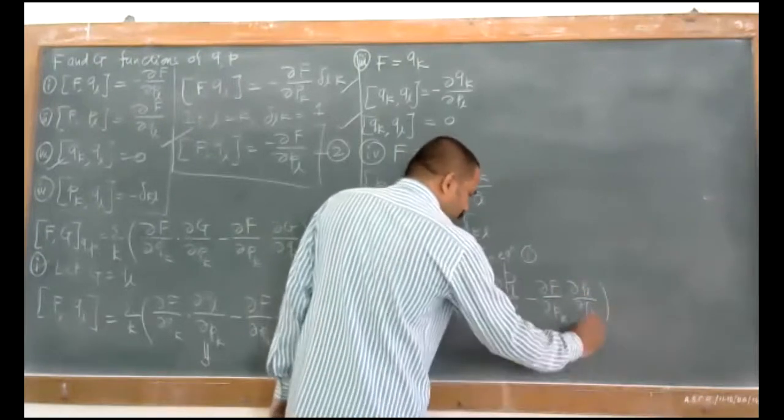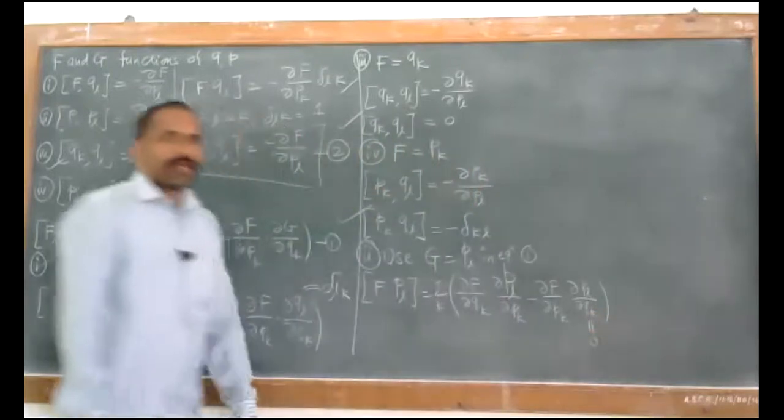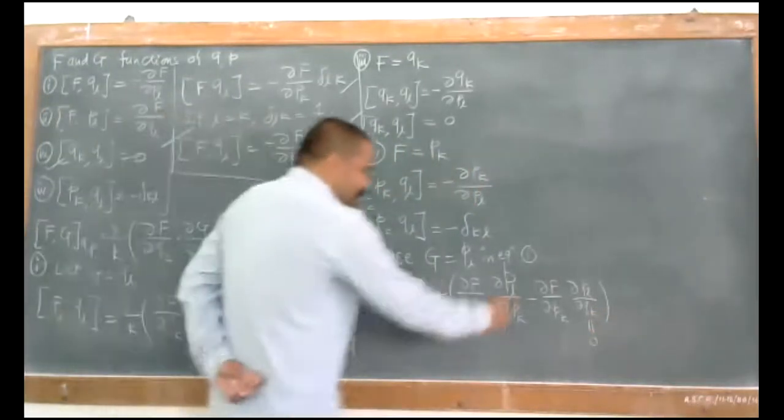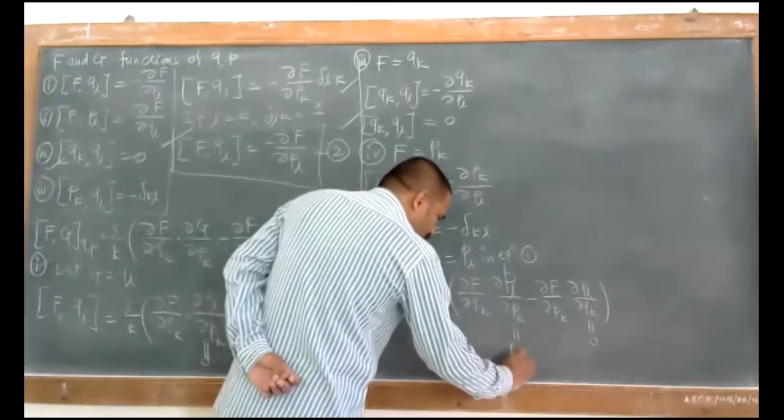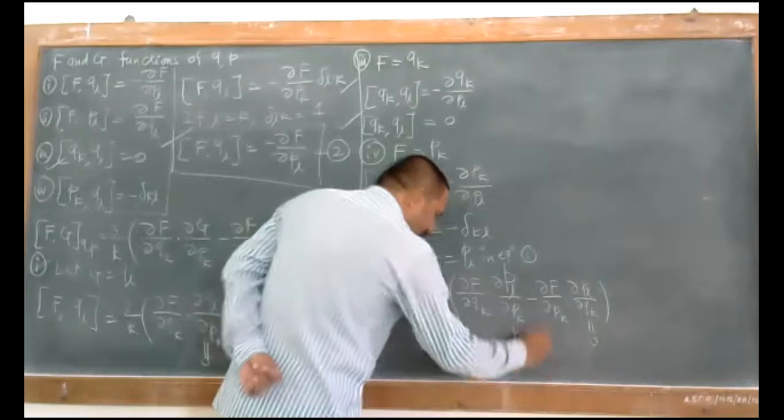Again the same thing. This ∂PL/∂qk is equal to 0, and this ∂PL/∂pk is nothing but the Kronecker delta function. So this is nothing but delta LK.